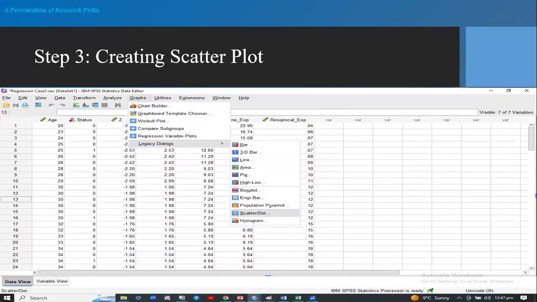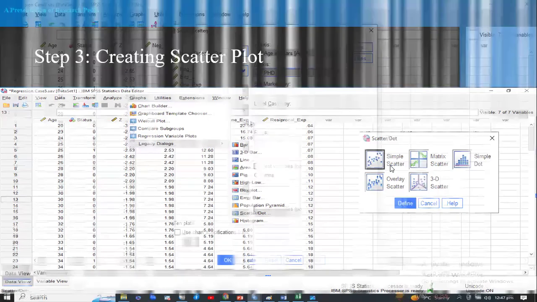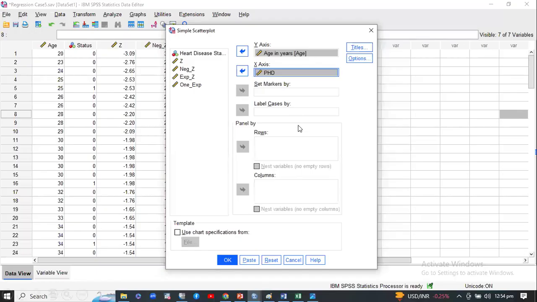So how are you going to create the scatter plot? You go to Graph, then Legacy Dialogs, then Scatter/Dot. From here, you need to consider Simple Scatter. You can put age in years and probability of having heart disease on the x-axis, or consider probability of having heart disease on the y-axis and age on the x-axis instead.